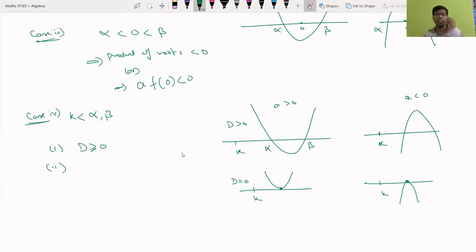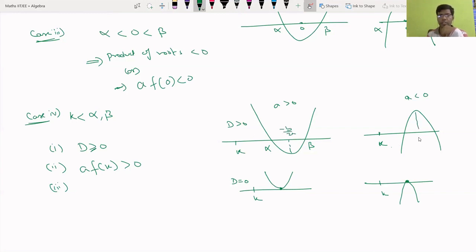When my a is greater than 0, then f of k is positive. And when a is less than 0, f of k is negative. So then again I can apply this rule. A multiplied with f of k is always positive. So this is the second condition which I need to check. And the third one is very similar to what we had done previously. This is minus b by 2a.